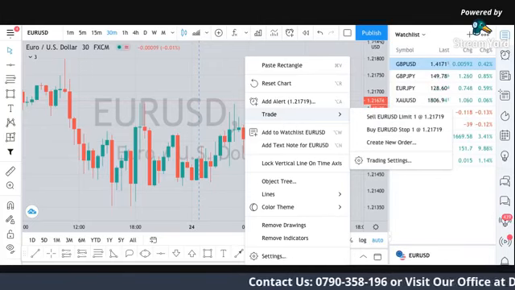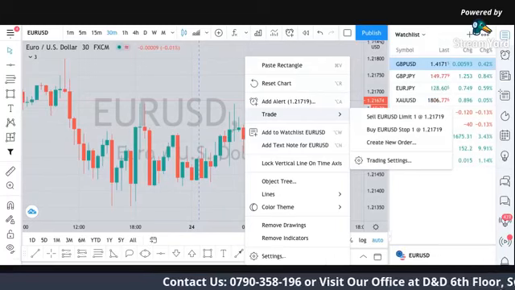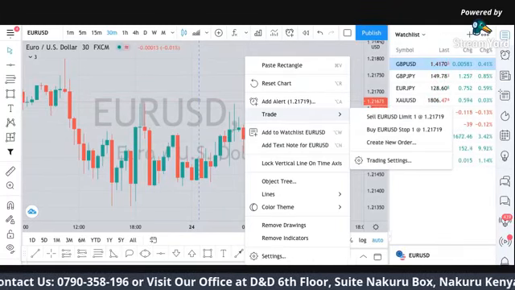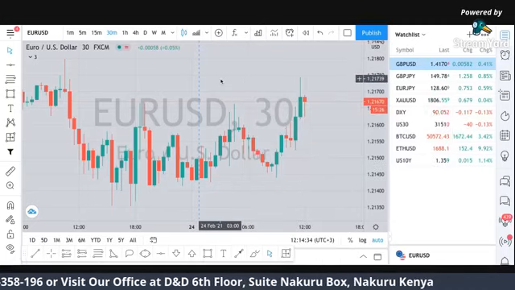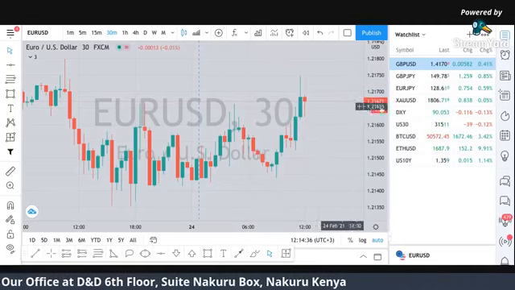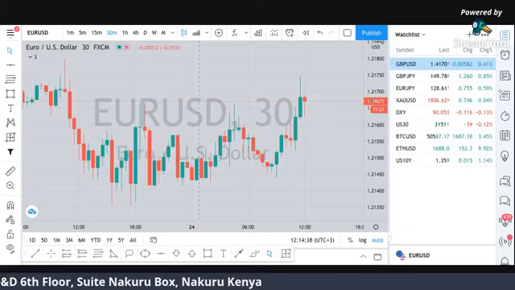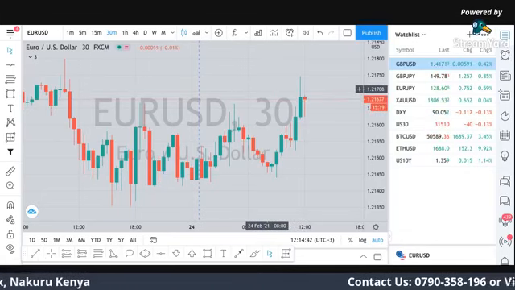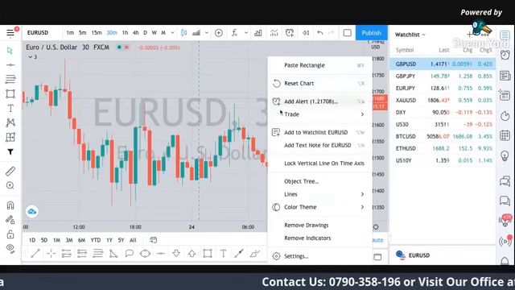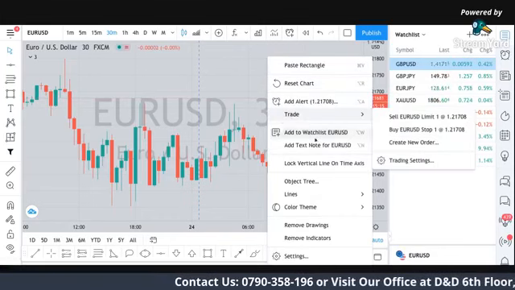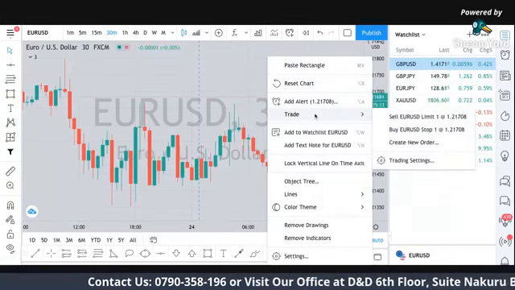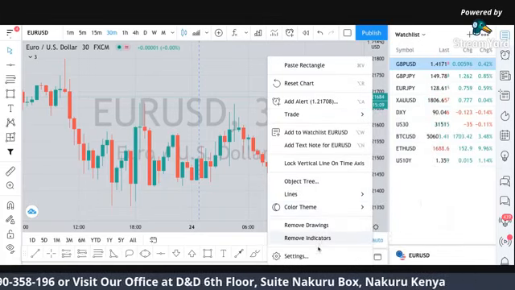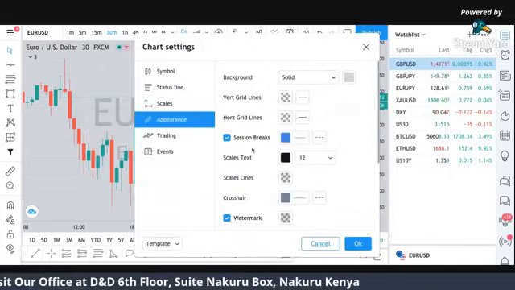So when you're trading, when you want to buy, you're buying at this price. If you're going to sell, this broker is not showing it. Sometimes brokers do not show the ask price. Let's see if this one can show us the ask price.